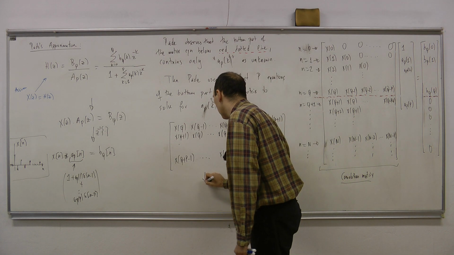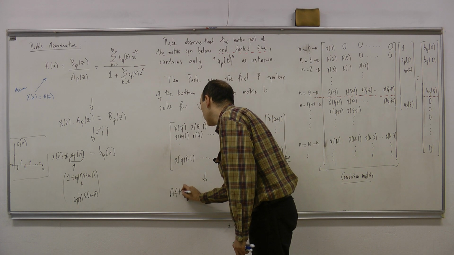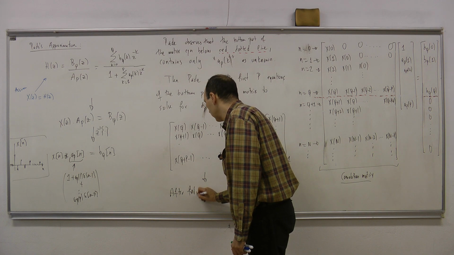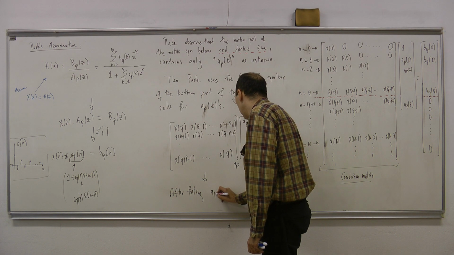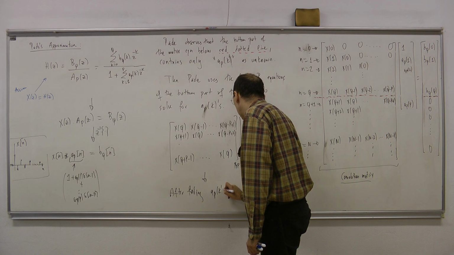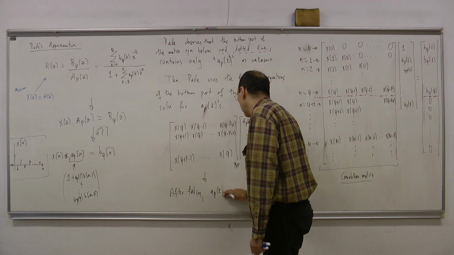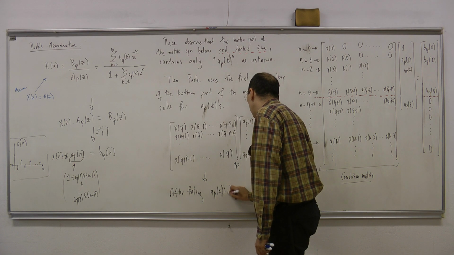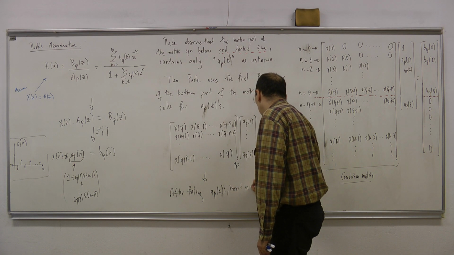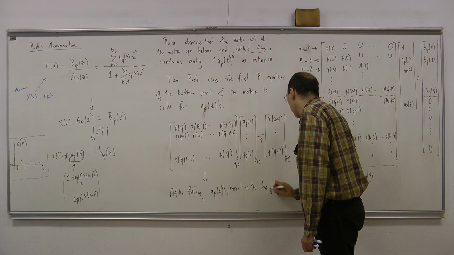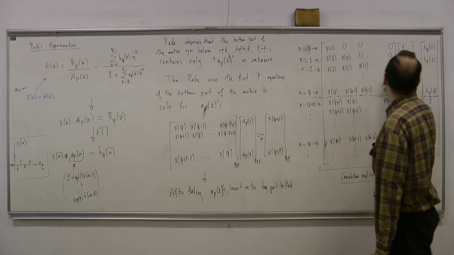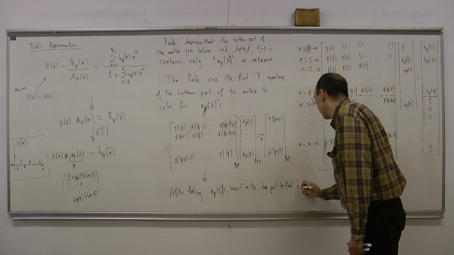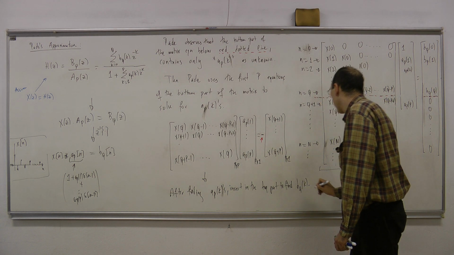Then, after finding the a_k's, you insert them in the top part to find the b_k's.